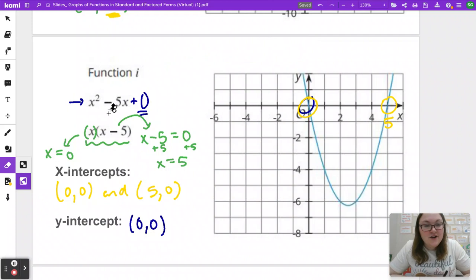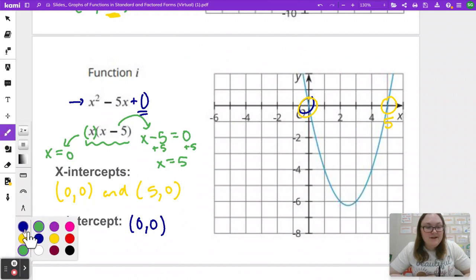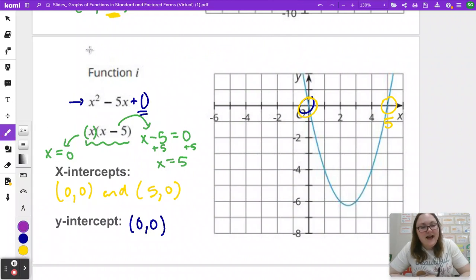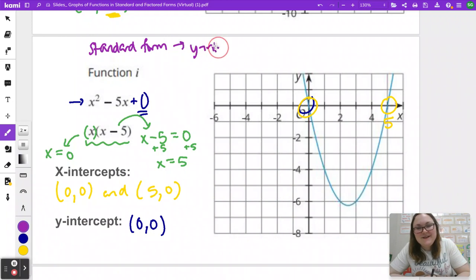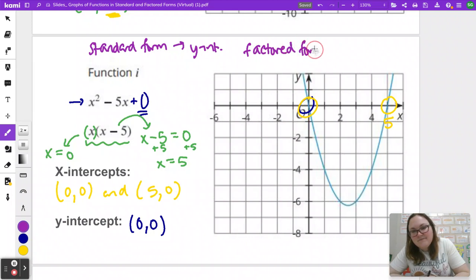There are 2 types of expressions, one in standard form and one in factored form, and each form tells me something different. We want to look at standard form to find our y-intercept, and we want to look at factored form to find our x-intercept.